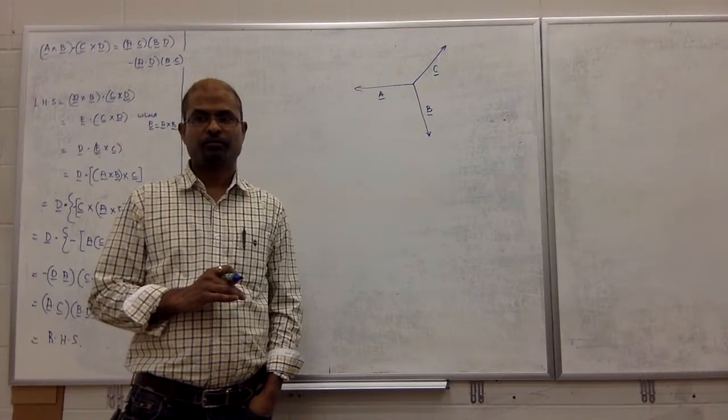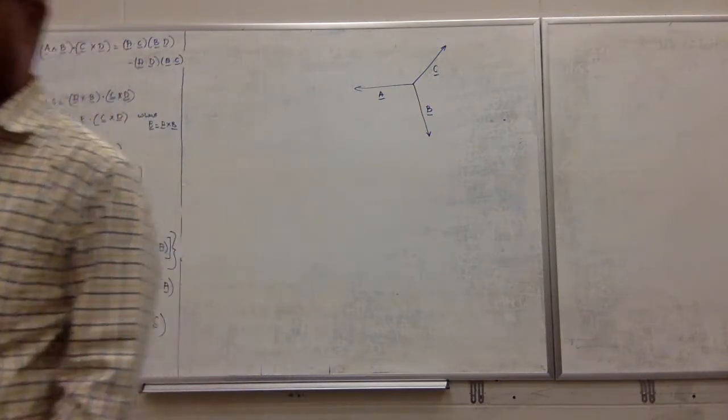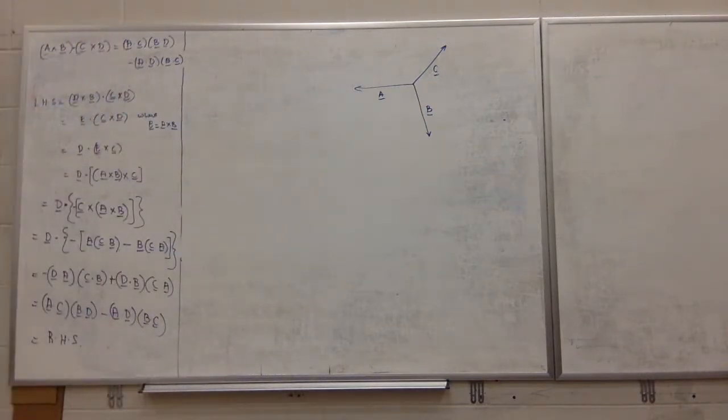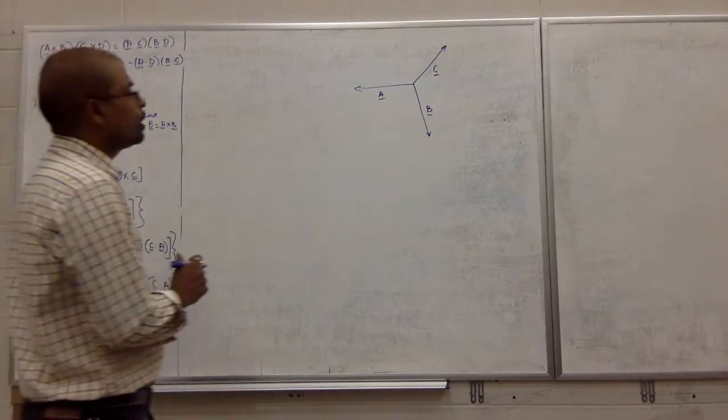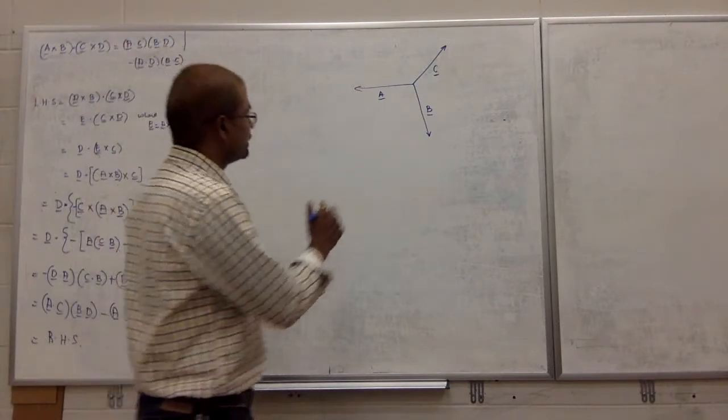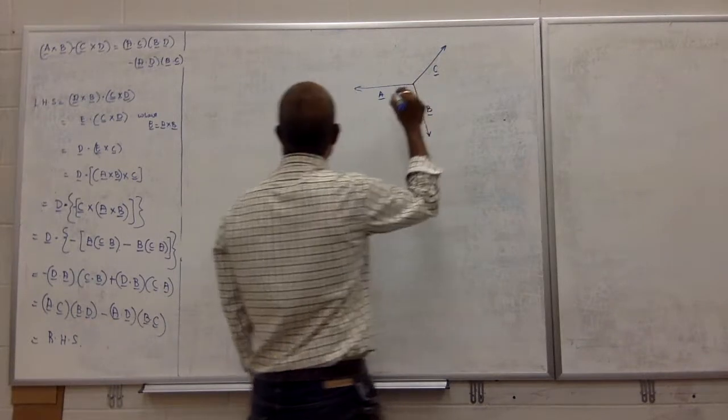If you look at the data given, it is A, B, and C. Nothing else is given, but this was perpendicular, so that is what you need to construct. So here you are required to. It says.